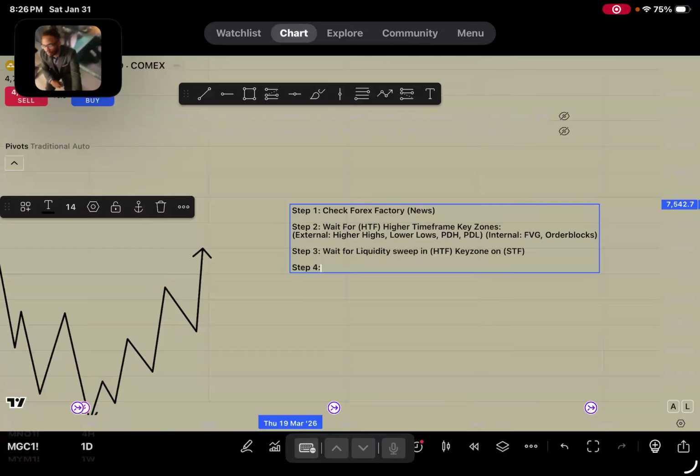Step 4, we got liquidity sweep inside a higher time frame key zone on a smaller time frame.